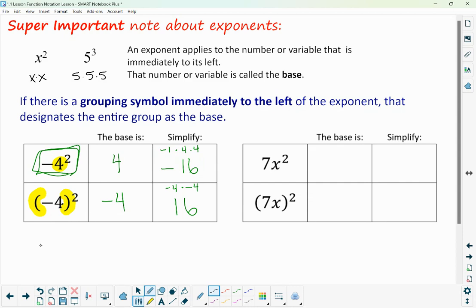So if you are doing a function like x squared and you want to substitute in -5, you need to type it in like this. If you have a function like -x squared and you want to substitute in a -5, it might look like this. This one will give you a positive answer.